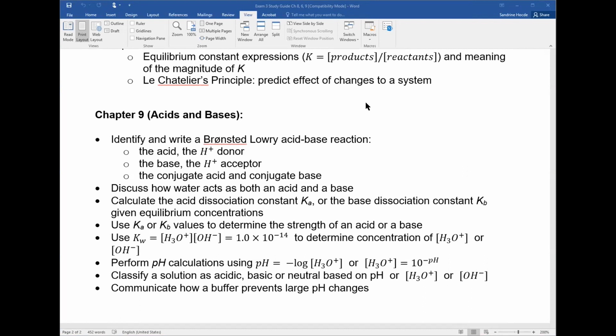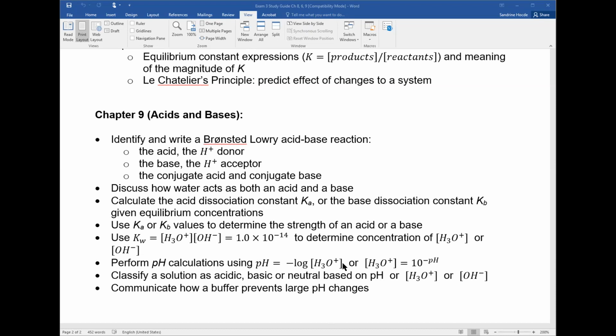So it is important here to know how to do this properly in your calculator, right? The log key and the inverse log key would allow you to do this. And you need to be able to classify a solution as acidic, basic, or neutral based on pH or H3O plus concentration or OH minus concentration.